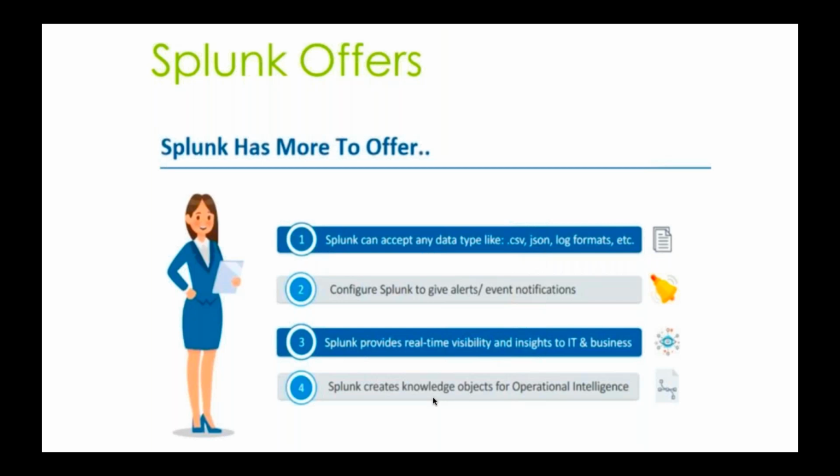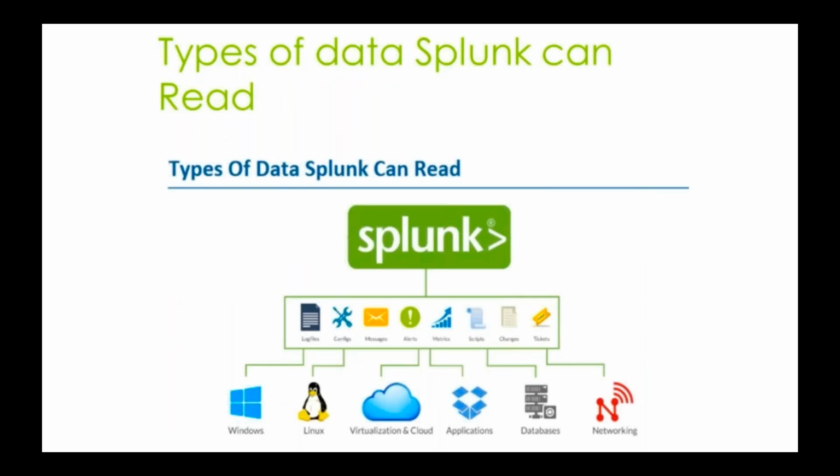And not only reading, it also performs indexing. What is indexing? It parses the data. Parsing means breaking the data into small chunks. I told you in the beginning that Splunk provides fields. Splunk will put the data in and provide those fields.